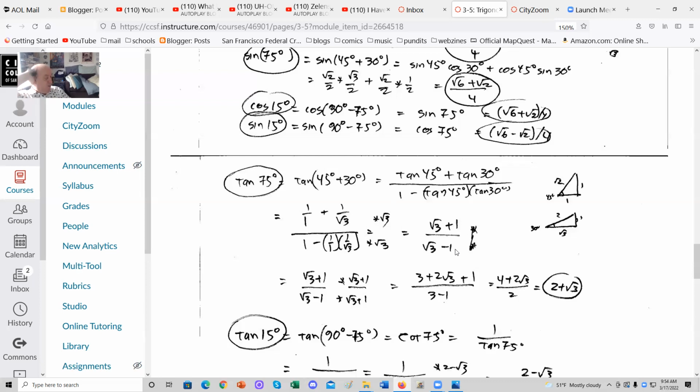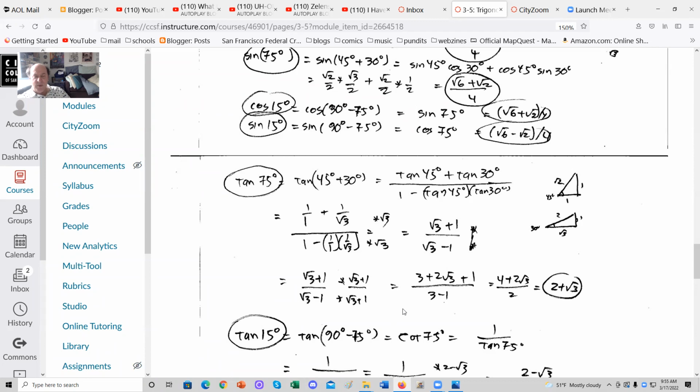Now, this is one we can simplify by rationalizing the denominator. We'll do that by rescaling the fraction, multiplying above and below by the conjugate of the denominator. So instead of root 3 minus 1, we'll multiply above and below by root 3 plus 1.